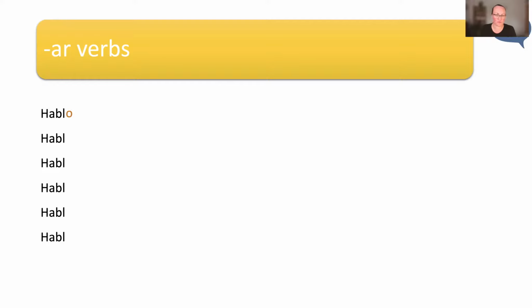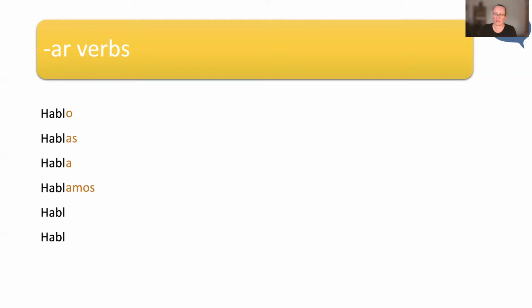The tú form, the you singular and informal, is hablas. For él, he, ella, she, and usted, you singular and formal, the ending is A, so habla. So hablo, hablas, habla. For nosotros, we, it's hablamos, we speak.